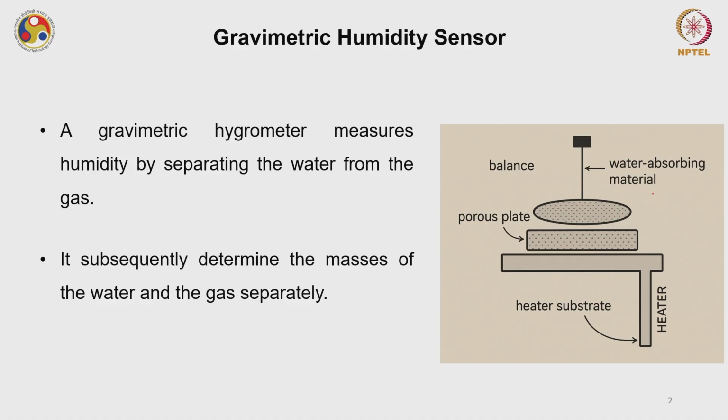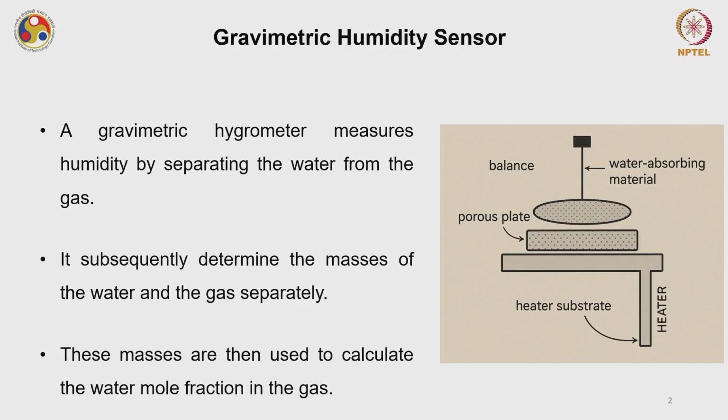This water absorbing material absorbs the humidity, and the balance measures the weight of the moisture. This balance can be a micro balance also. Depending on what kind of gravimetric sensor you have, you may have different kinds of balances.